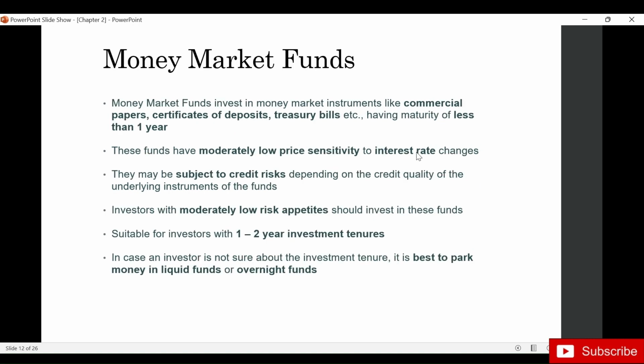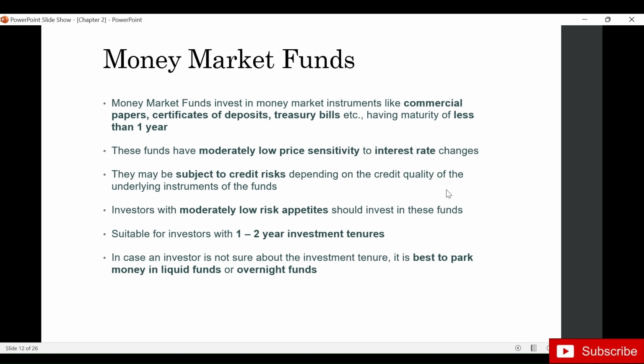Now we come to the next subcategory of debt funds, that is money market funds. Money market funds invest in money market instruments like commercial papers, certificates of deposit, treasury bills, etc., that have a maturity of less than 1 year. These funds have a moderately low price sensitivity to interest rate changes.